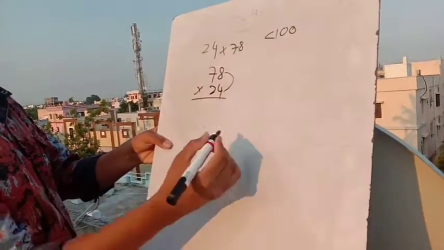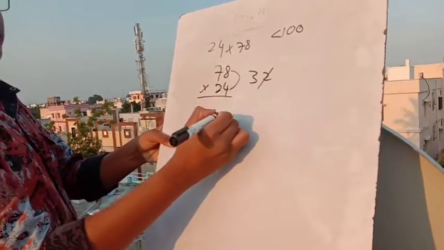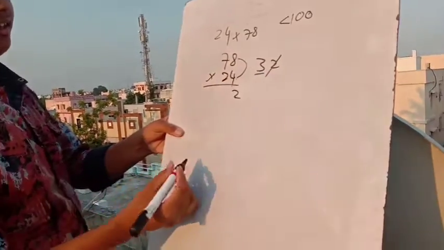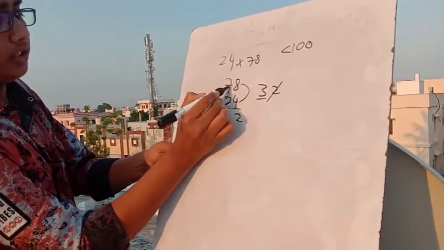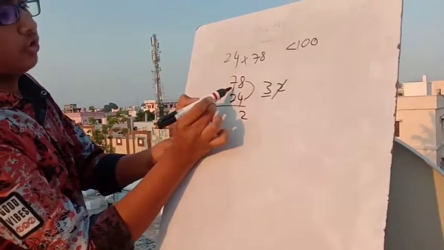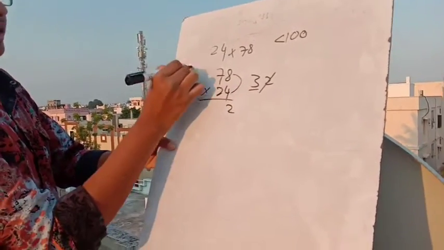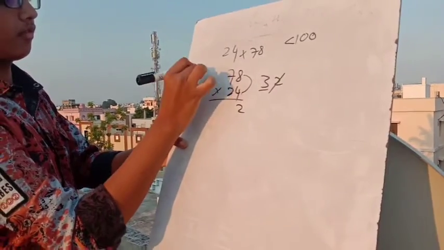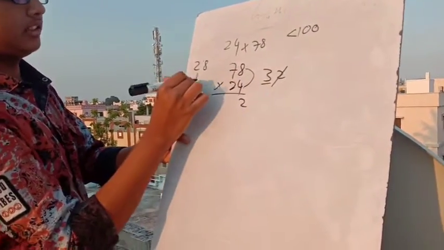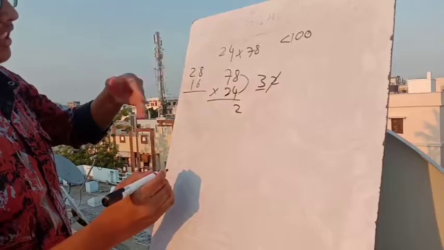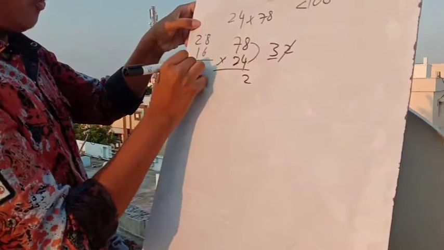4 times 8 is 32. We write just 2 here and leave the 3. Now we multiply these two and these two, and add them. 7 4s are 28, 2 8s are 16. The addition of both these numbers leads to 44.